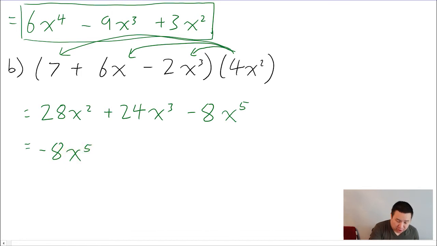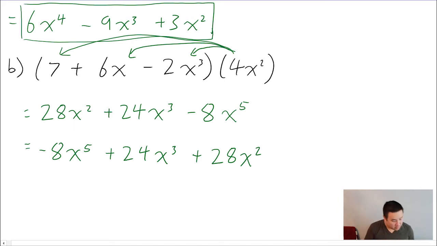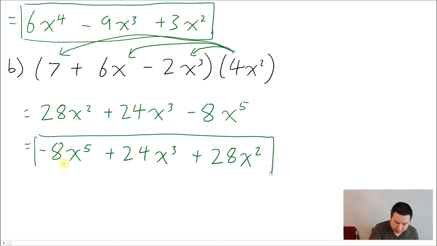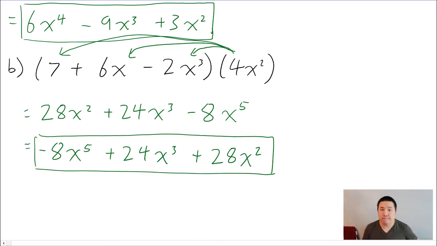The next highest is this x cubed term. And then the lowest degree term is this x squared term, which I'm going to tack on over here. And then finally, this is my answer. All right, let's move on to division.